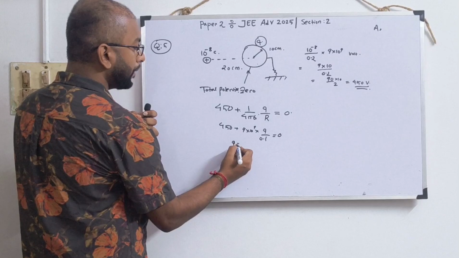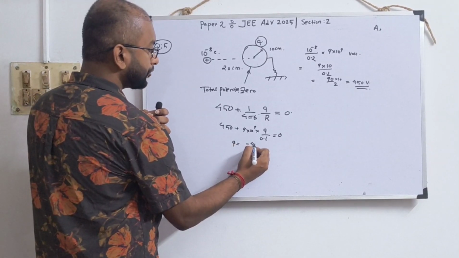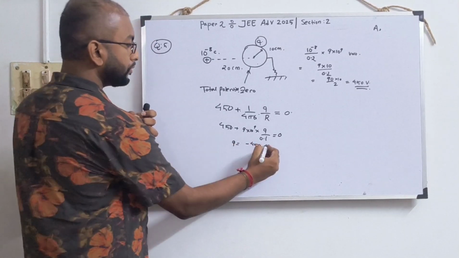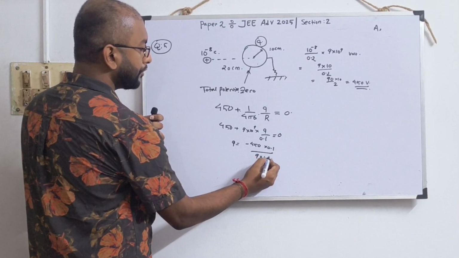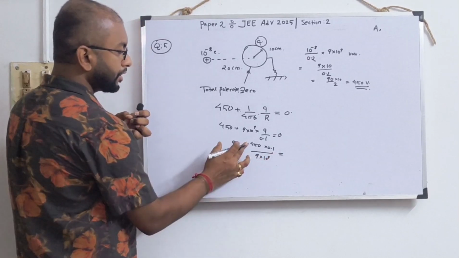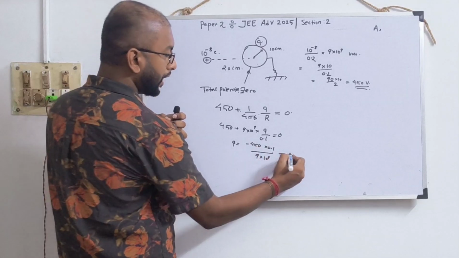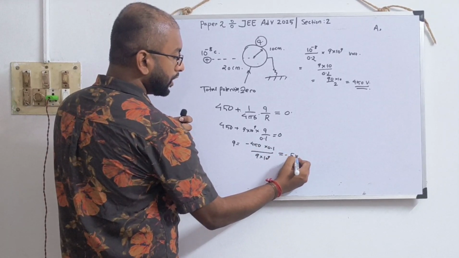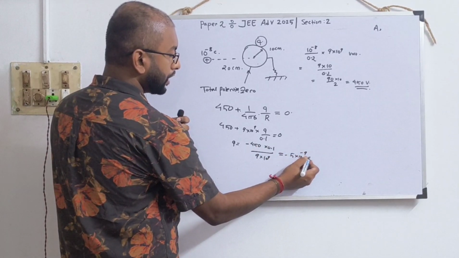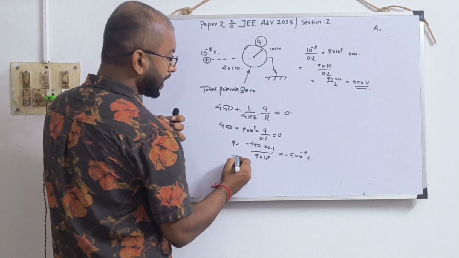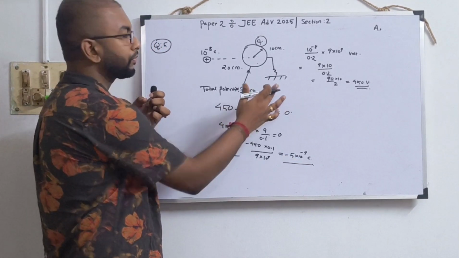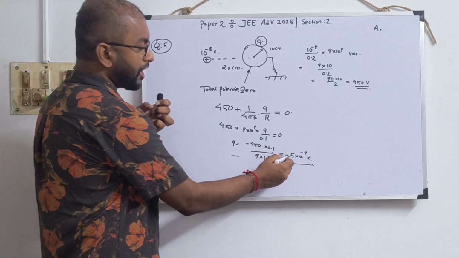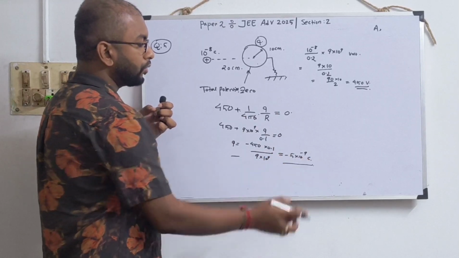So Q I am getting is minus 450 into 0.1 by 9 into 10 to the power 9, that is 45 by 9, that is 5 into 10 to the power minus 9 coulomb. So the induced charge after it is grounded is minus 5 into 10 to the power minus 9 coulomb.